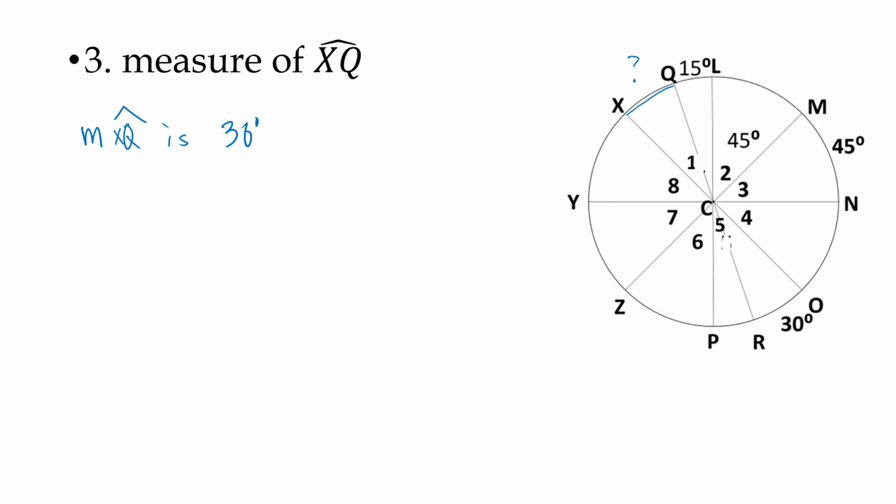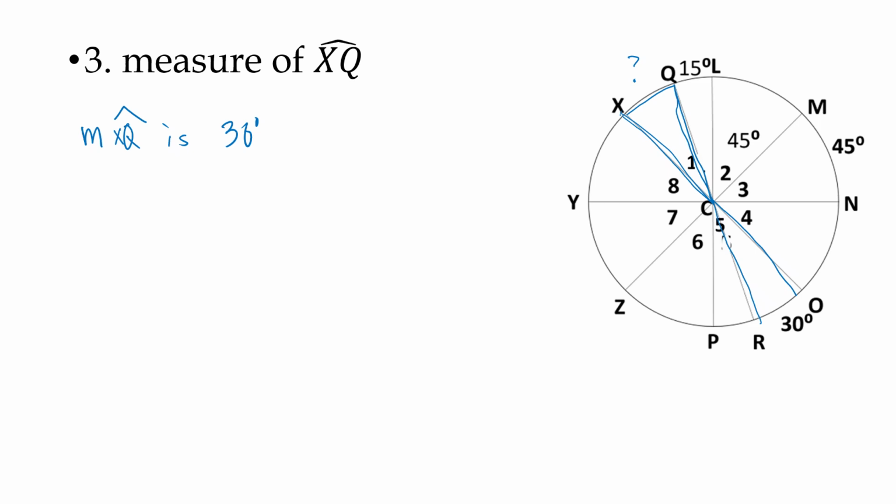Because angle XCQ, right, XCQ and angle RCO are vertical angles, and we can see that 30 degrees here is already given as the value of the measure of arc OR. So since they are vertical angles, their arcs are also congruent.